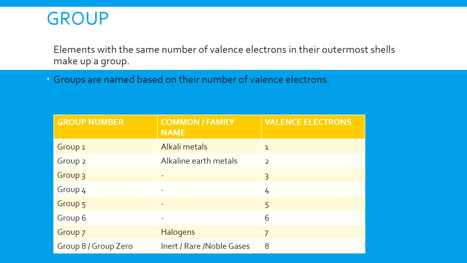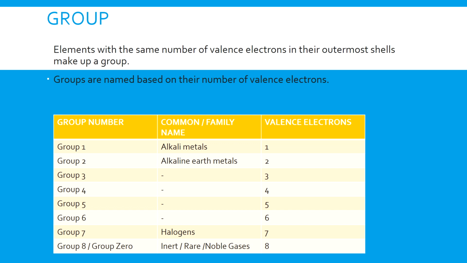Now, what then is a group? Elements with the same number of valence electrons in the outermost shells make up a group. The groups are named based on their number of electrons, so we have group 1, group 2, group 3, group 4, group 5, group 6, group 7, and then group 8.